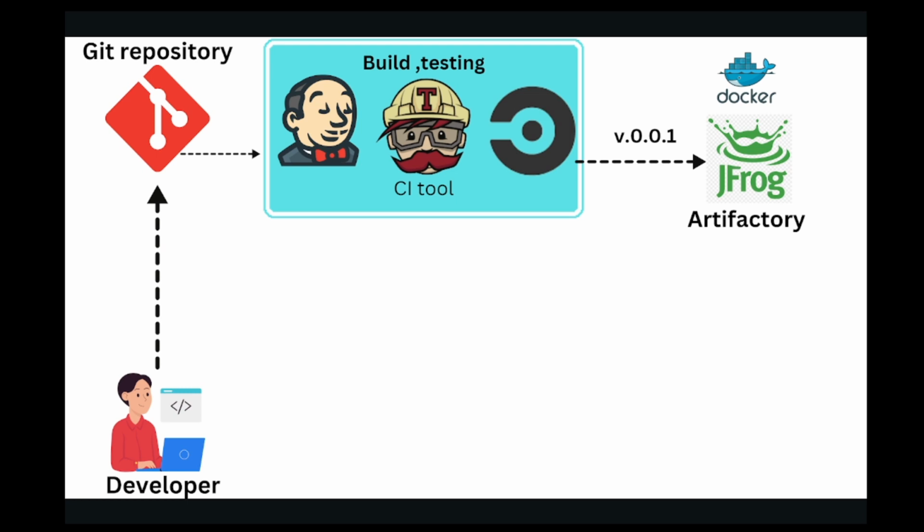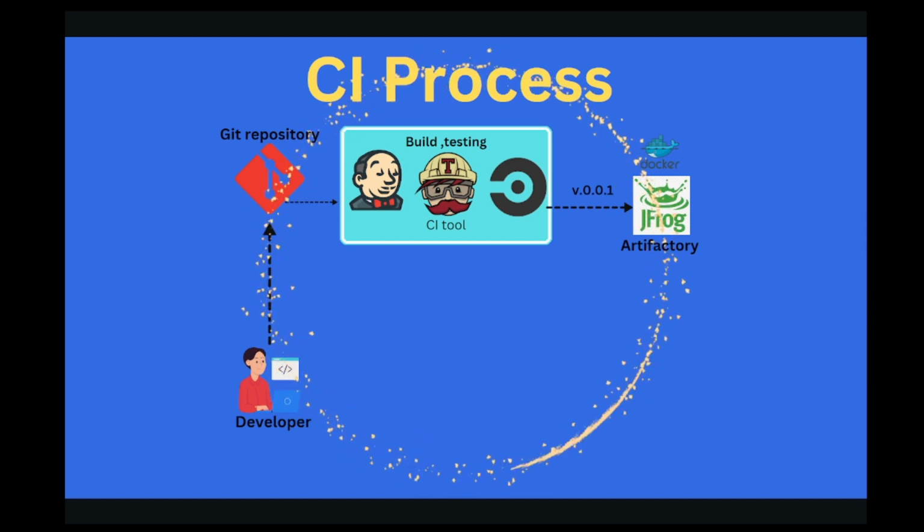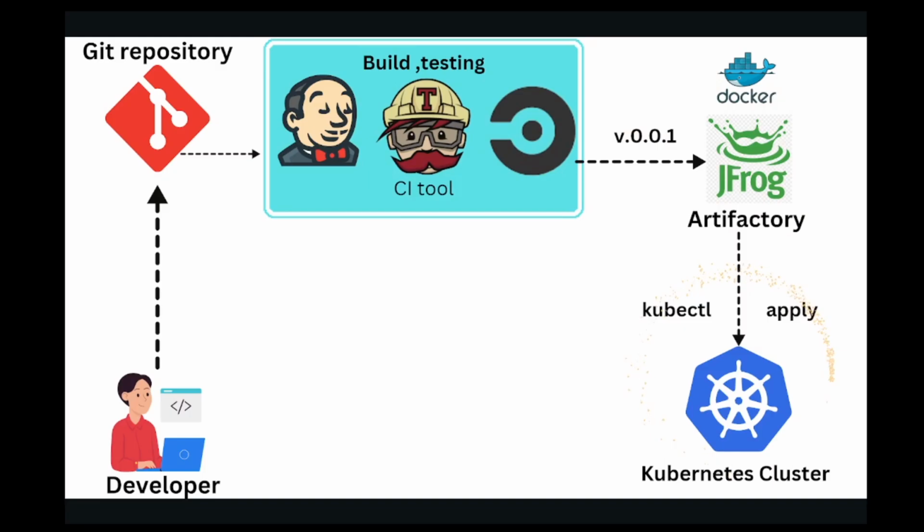These artifacts will be stored in one of your storage repositories. It may be JFrog Artifactory, where you can store jar files, Docker images, and Helm charts. You also have Docker Hub, where you can store your Docker images. This entire process is termed the CI process. Then we deploy the application into the Kubernetes cluster by running the kubectl apply command.